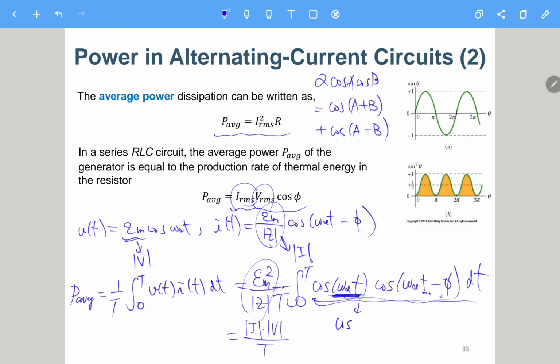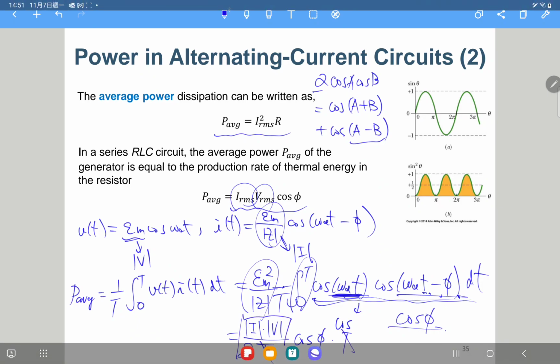And then the other part turns out to be cosine of phi, and of course you still have a 1/2 factor. So finally it turns out to be cosine of phi over 2, and we still have a T here, so multiplied by T, the T and T cancel.